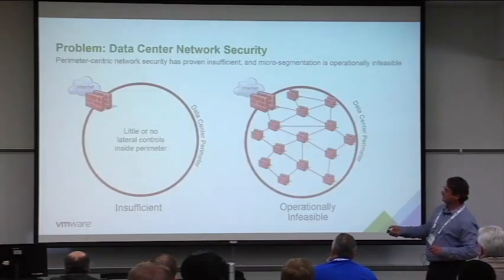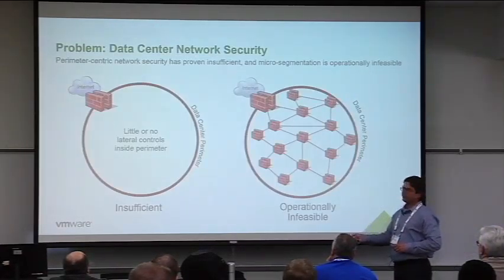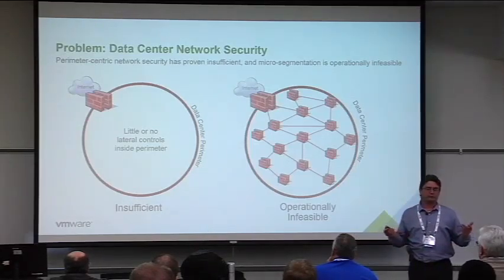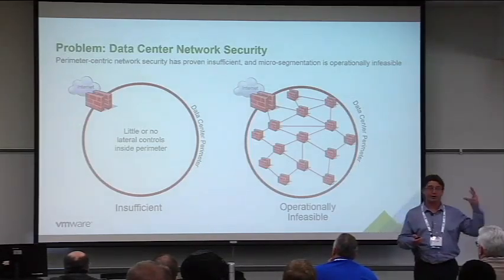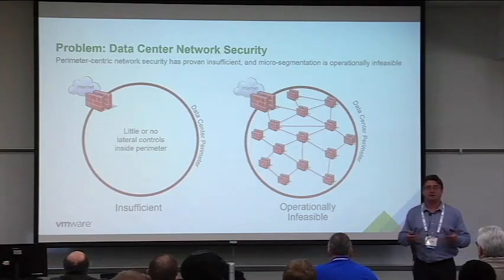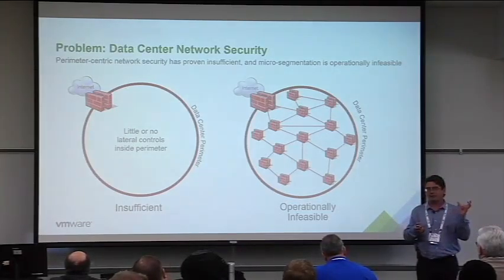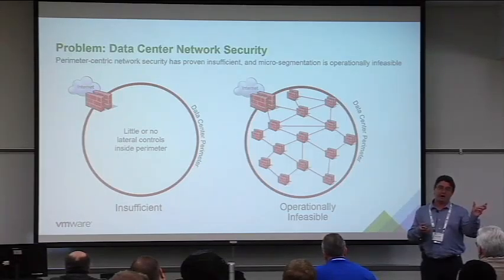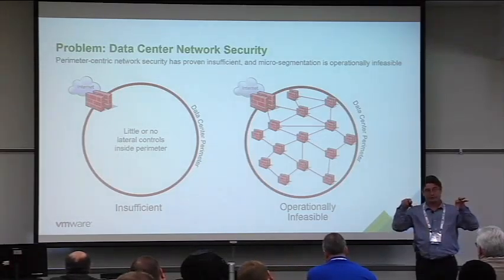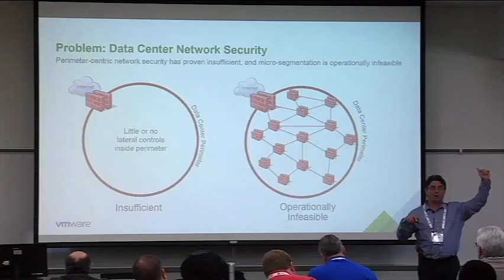We've taken this model. This is the way we've built our data centers. Some of us call it the M&M model, right? Hard candy shell. Once you get inside, there's nothing. You can move anywhere you want. Some of us actually have ACLs in place and redirect any routing between VLANs out to a physical firewall, right?